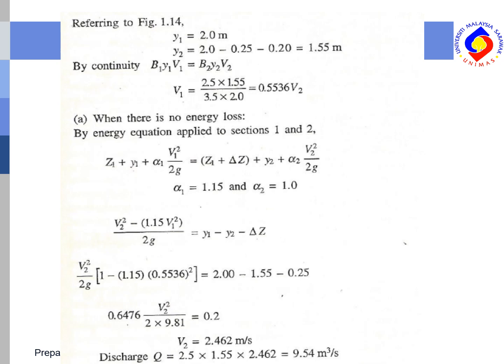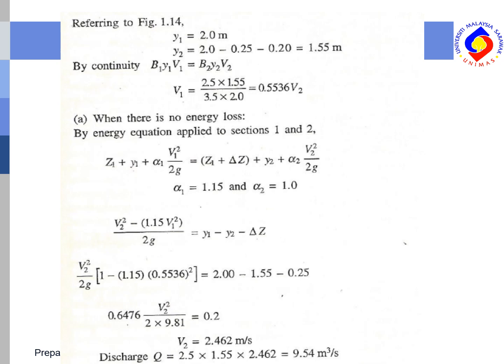From this, we can substitute in the values of Y1 and Y2, as well as the width at both sections. This will give you the relationship between V1 and V2, which is V1 equal to 0.5536 V2.